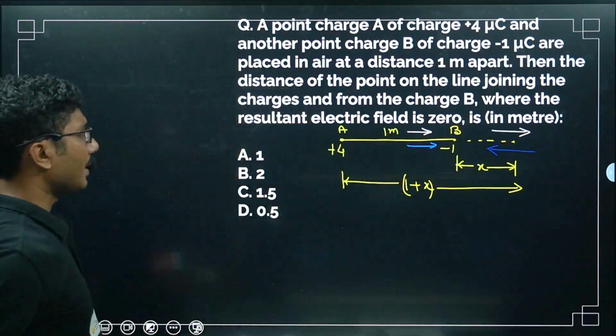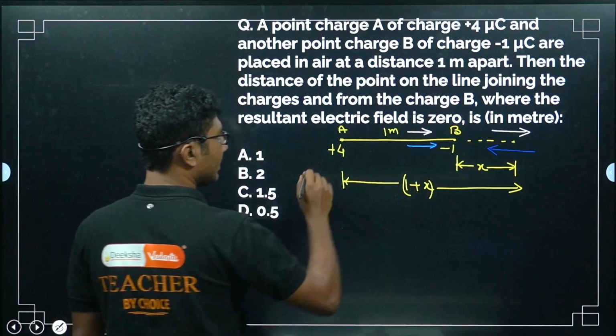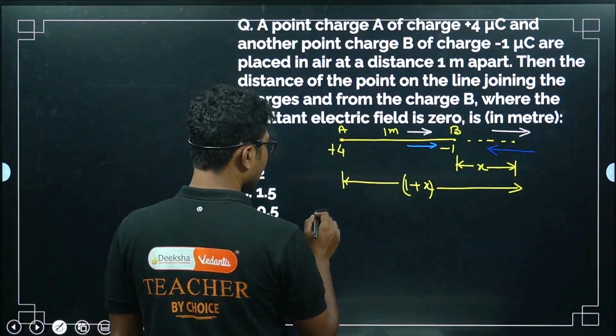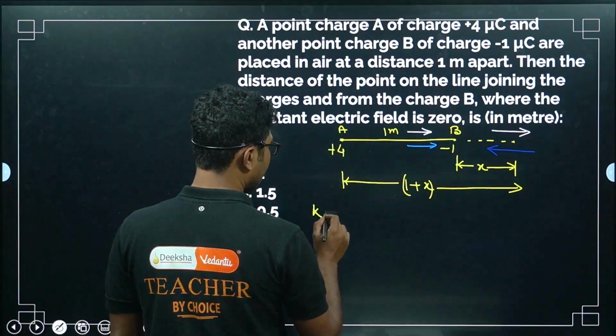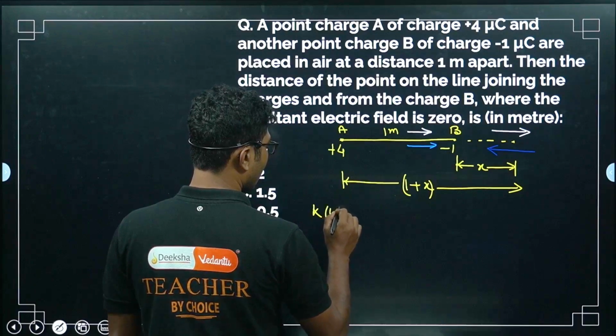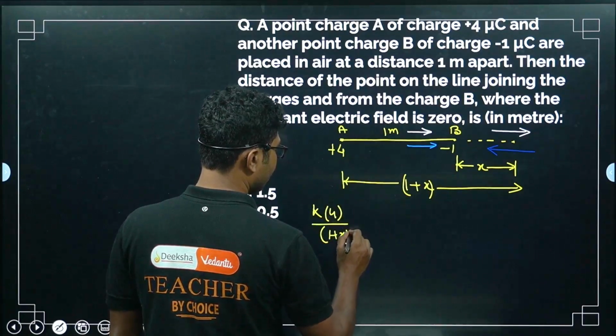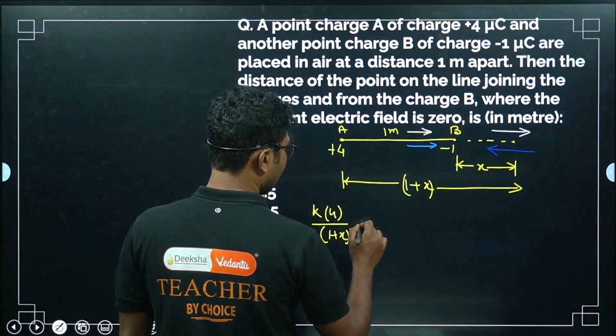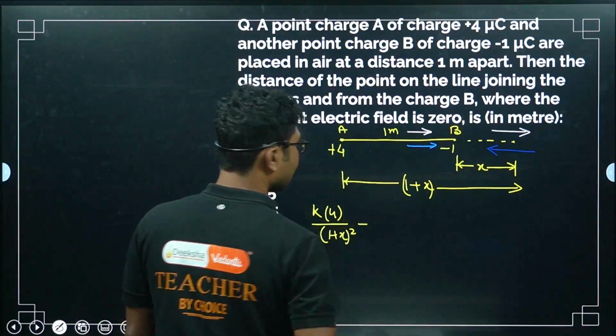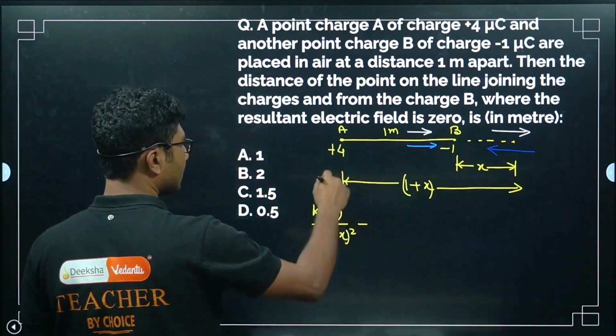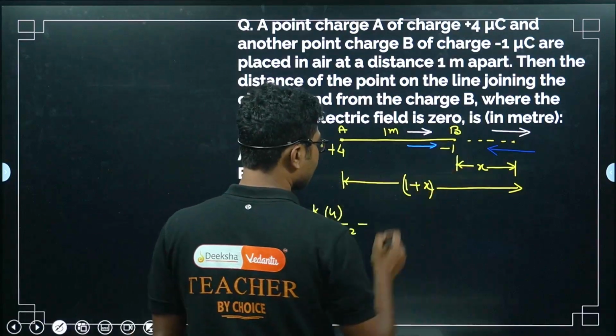Now let me apply the law of electric field. The electric field due to charge A is kq by r square, that is k times 4 by (1 plus x) whole square. The electric field due to B is minus k times 1 divided by x square, because the charge is negative.